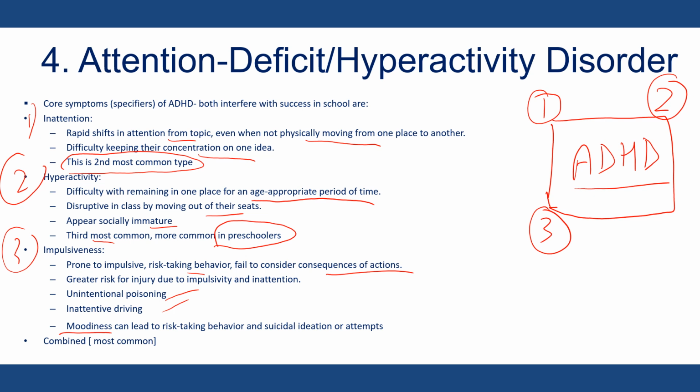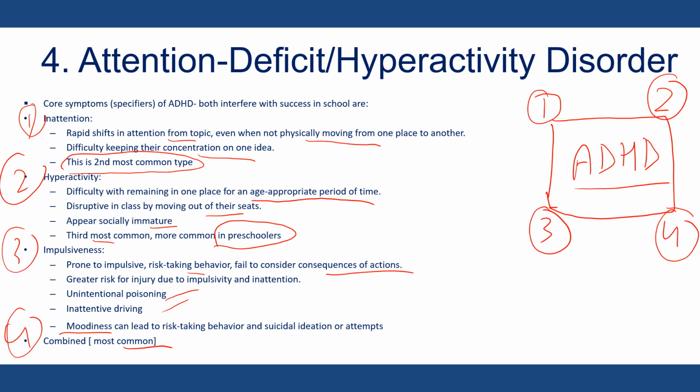And number 4 is combined. So combined means they have multiple core symptoms. Combined is the most common, but I didn't want to put combined as number 1 here because I wanted to set the stage. So now you know that the most common type of ADHD is really a combination of 1, 2, and 3.